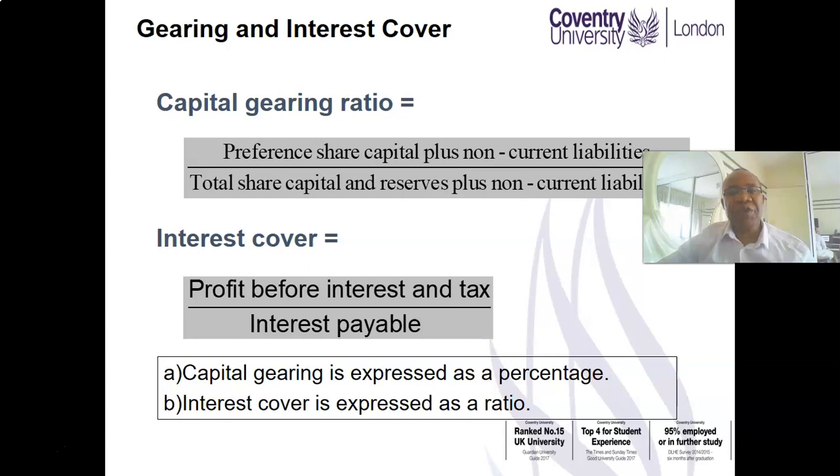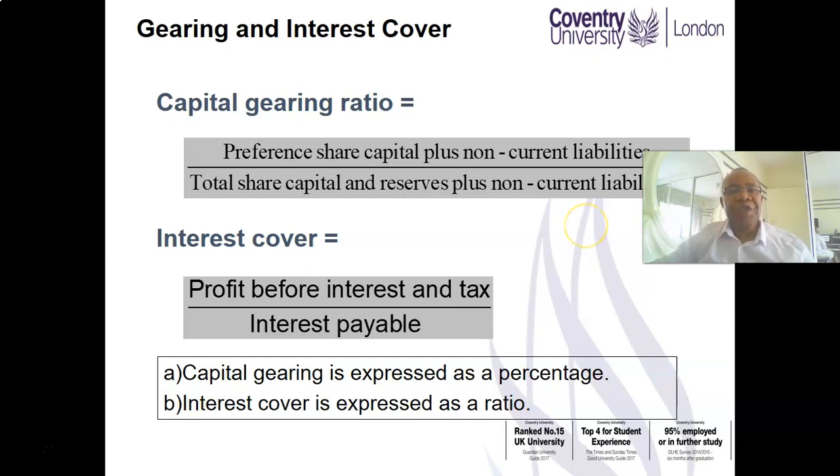So that would be the preference share capital plus non-current liabilities, divided by the total share capital plus reserves, which is equity, plus non-current liabilities. Again, another expression of this would be the preference share capital plus non-current liabilities divided by the equity, which is share capital plus reserves. Whichever form of this calculation is used must be used consistently.